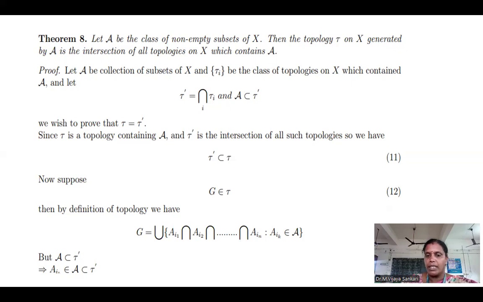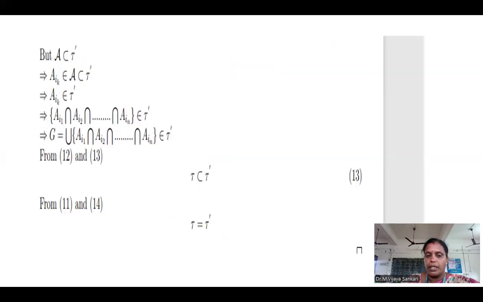Now, suppose G belongs to tau. By the definition of topology, we have G equal to the union of all A_i1 intersection A_i2 intersection and so on A_in such that A_ik belongs to A. But A is a subset of tau dash, which implies A_ik belongs to tau dash, therefore its intersection belongs to tau dash, which implies G, the union of all finite intersections, belongs to tau dash.